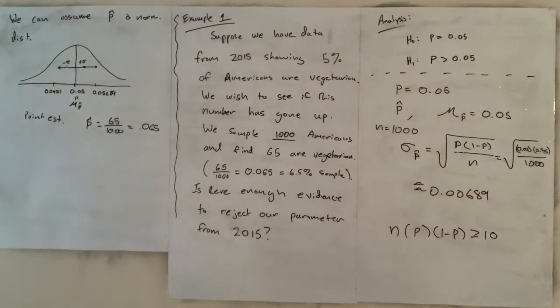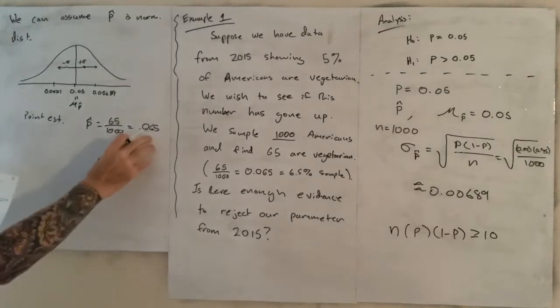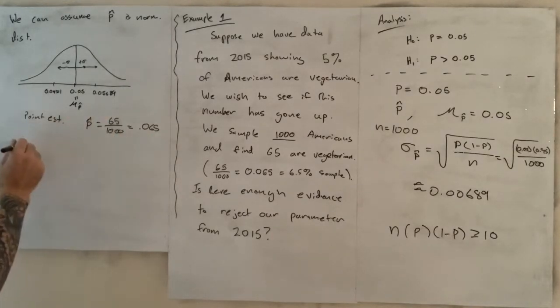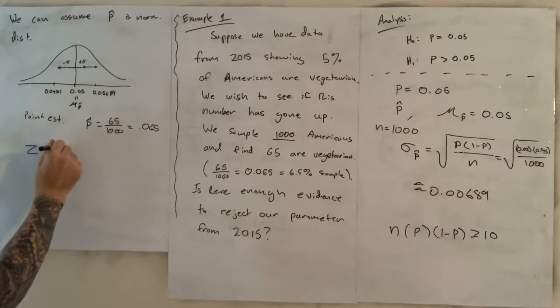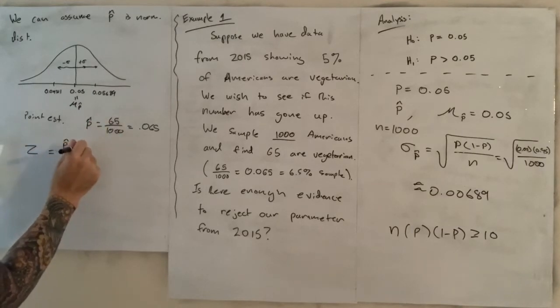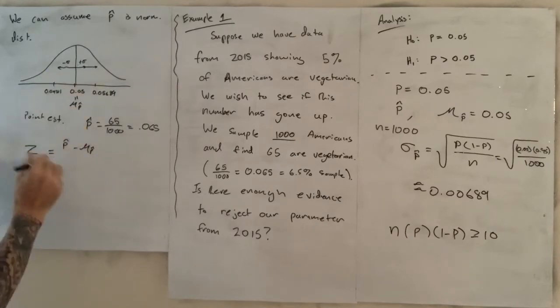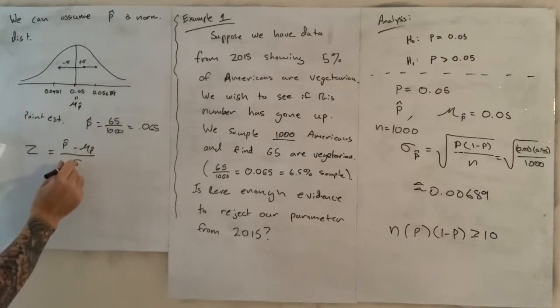And if we were to compute the z-score of this, well, remember, if we compute the z-score, that's just going to be this point estimate minus the mean of this distribution divided by the standard deviation.